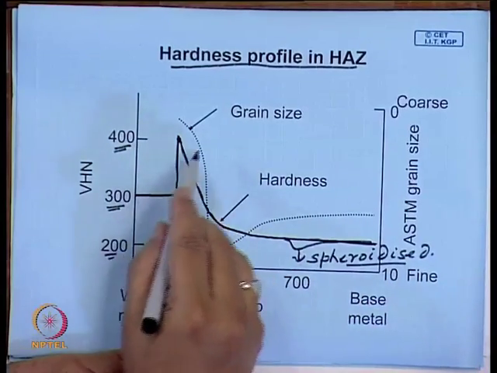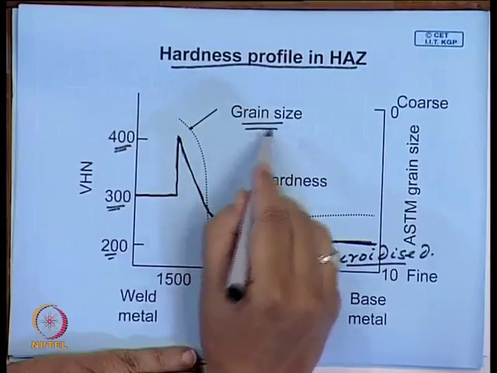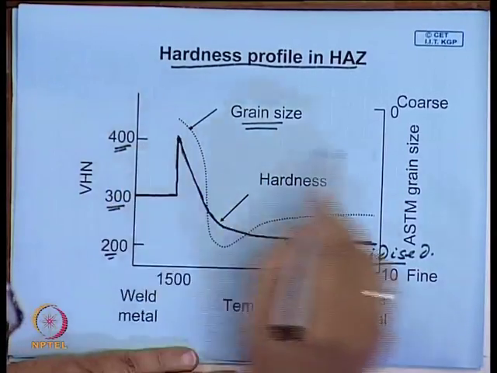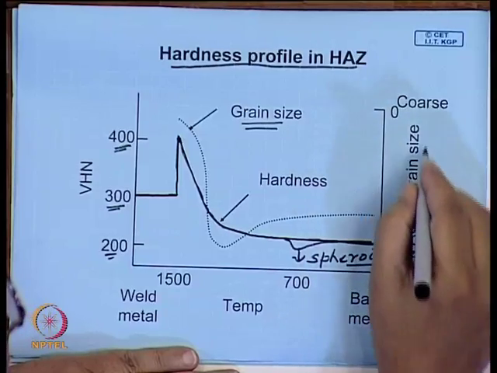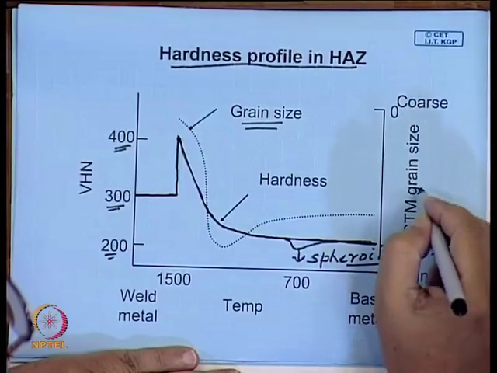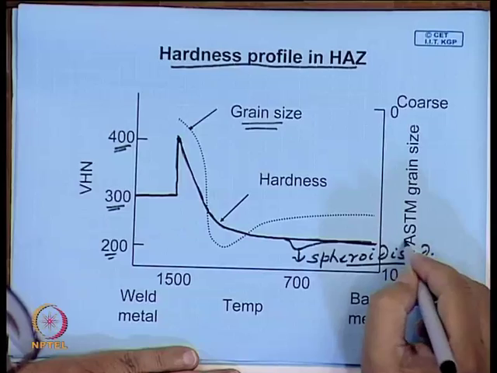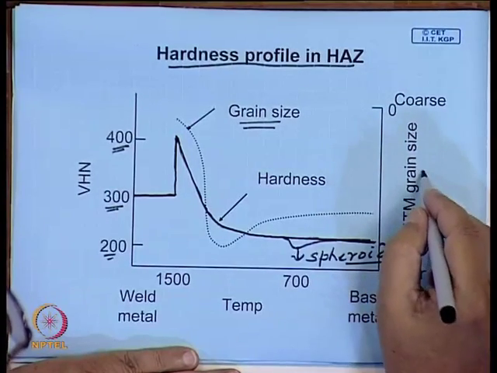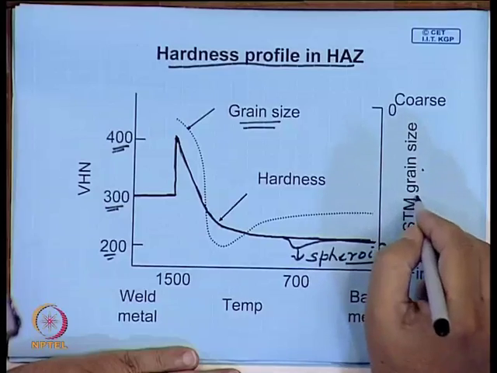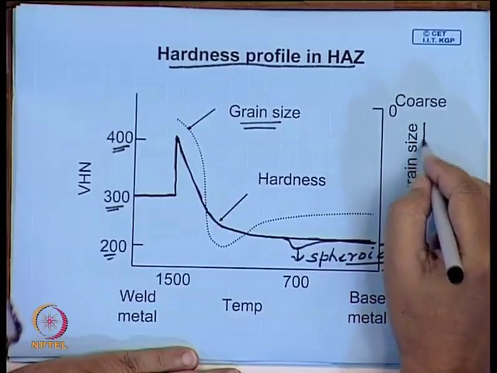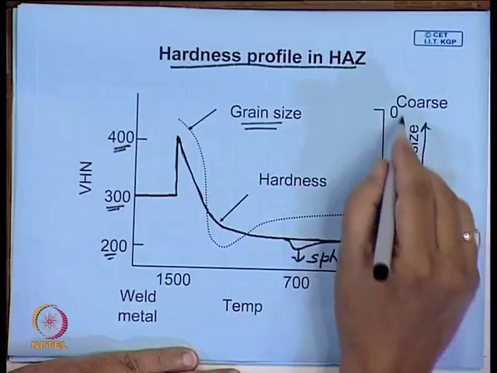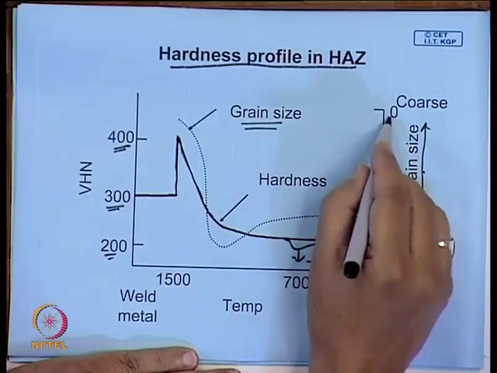And if you also look at the microstructure, you will find this is the excessive grain growth area. Grain size in steel is usually measured in terms of the austenite grain size, represented as ASTM grain size number. We talked about it in the lecture earlier, and lower the number, coarser is the grain.